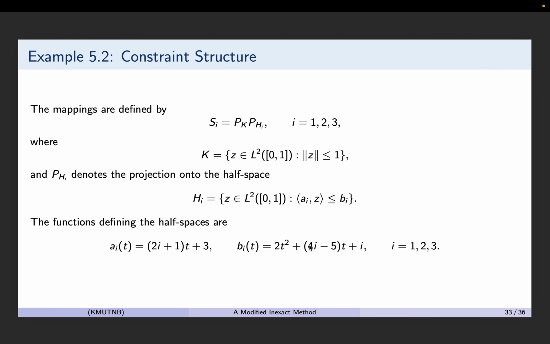For the demi-contractive mappings, we define P as a projection onto some space K, which is a half space given by this, and the P_i's, where the H_i's are half spaces given by this, and some functions defined in the half spaces, where the a_i's and b_i's are given by this.